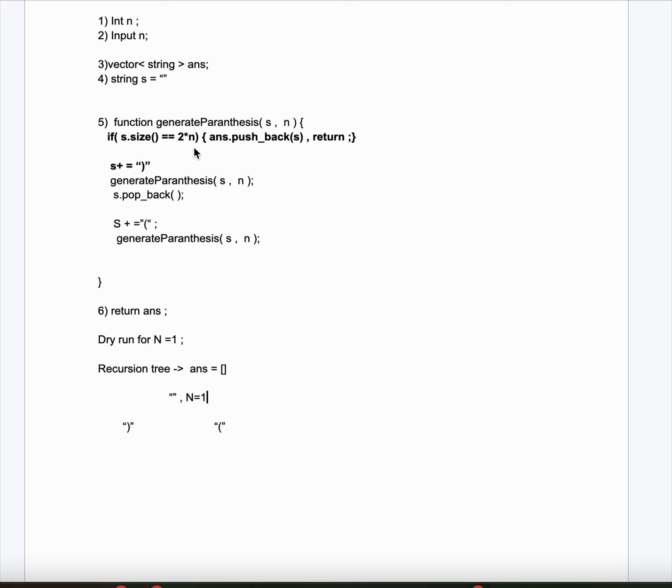If s.size equal to 2 times n; s.size is not equal to 2n, so we will go on this step. s plus equal to this, and we call the function again, generate parenthesis with s, n. So what will s have now? s will have this, and n would be 2. So now we will call generate parenthesis for this input.